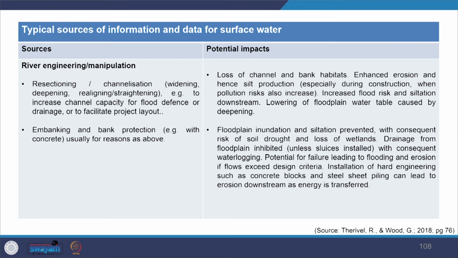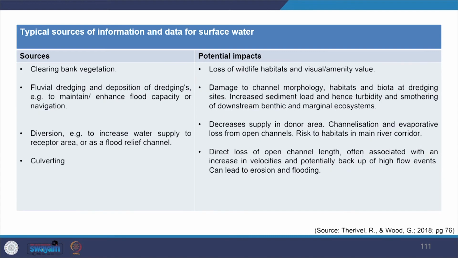Other direct source examples could include clearing bank vegetation, fluvial dredging and deposition of dredging, diversion, culverting and so on. The potential impacts would include loss of wildlife habitat and visual amenity value, damage to channel morphology, decreased supply in donor area, direct loss of open channel length and so on.